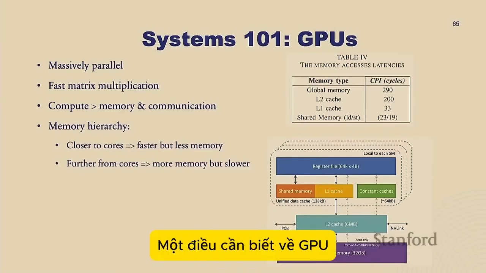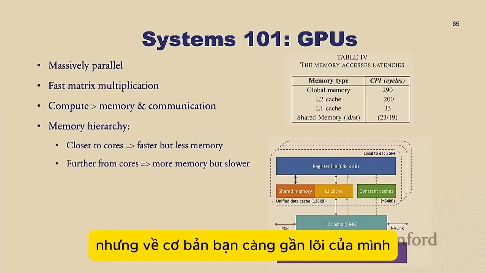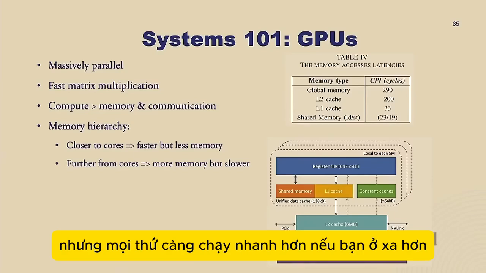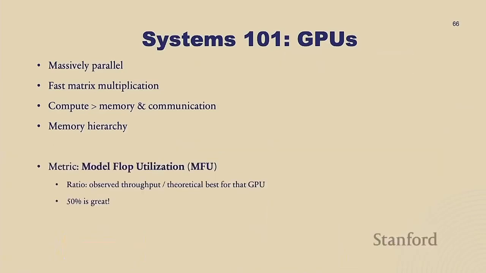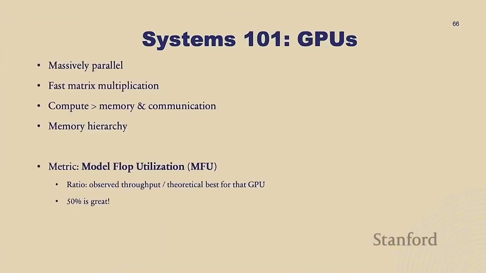Another thing to know about GPUs is that there's a memory hierarchy. This is the same with CPUs, but basically the closer you are to your cores, the less memory there is, but the faster things run. If you're further away, there's more memory but it's slower. I told you about the fact of communication.